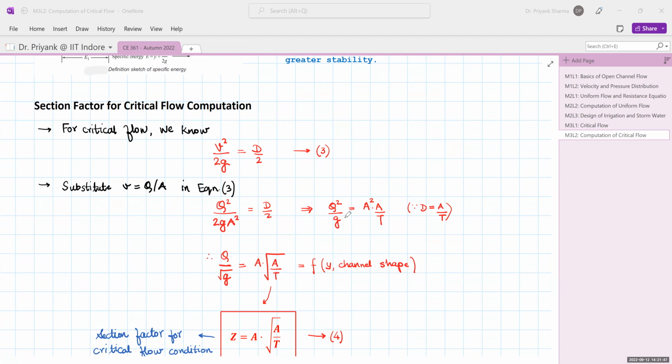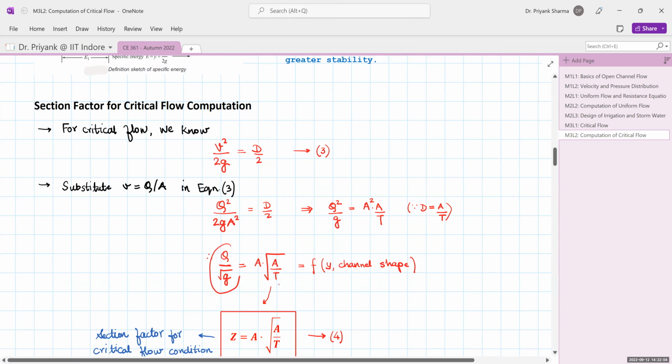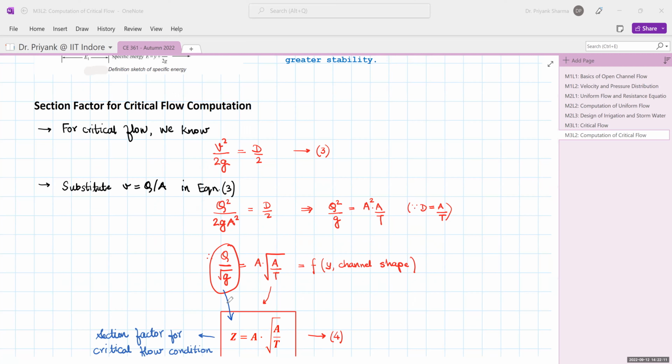On simplifying, since D is equal to A by T, we get Q square by gA square into A by T, and further simplifying we get Q by root g, that is equal to A into root of A by T, where this Q by root g is called the section factor Z.